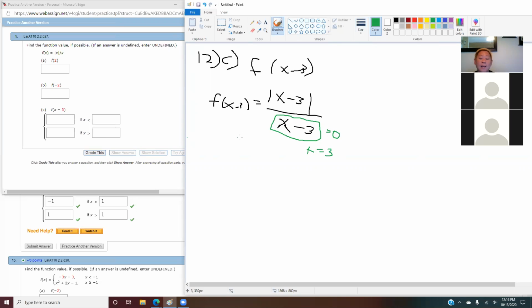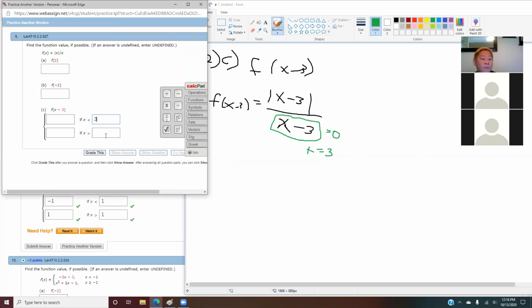The reason we set it equal to 0 is because your denominator cannot equal 0. Anything divided by 0 is undefined, or does not exist. So that's why we want to avoid 0 in the denominator. It's kind of like a domain case. So for this case, this 3 will be the one that we're talking about.